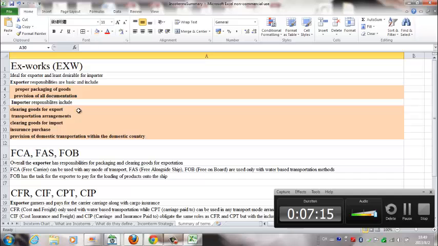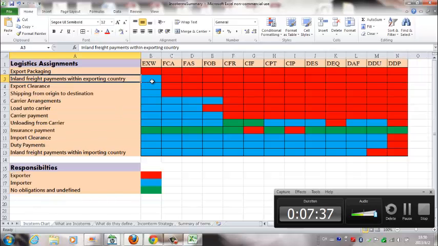The importer has responsibilities for clearing goods for import, the transportation arrangements, insurance purchases should that be necessary, and provision of domestic transportation within the domestic country, or the importer's country. So you can see here from the chart that the importer has a good share of the responsibilities in the movement of the products.